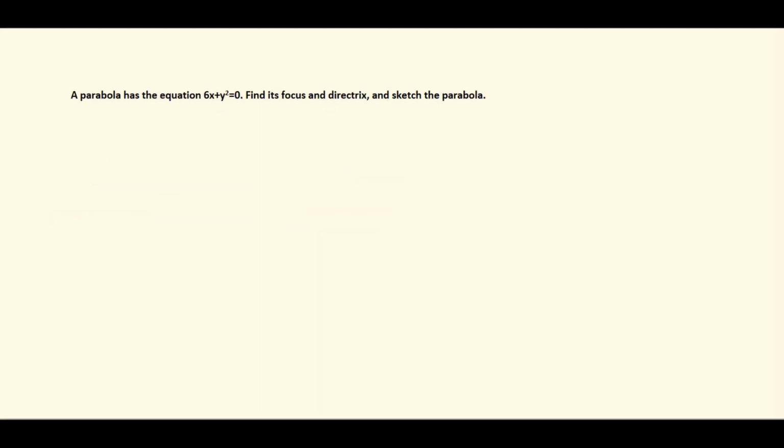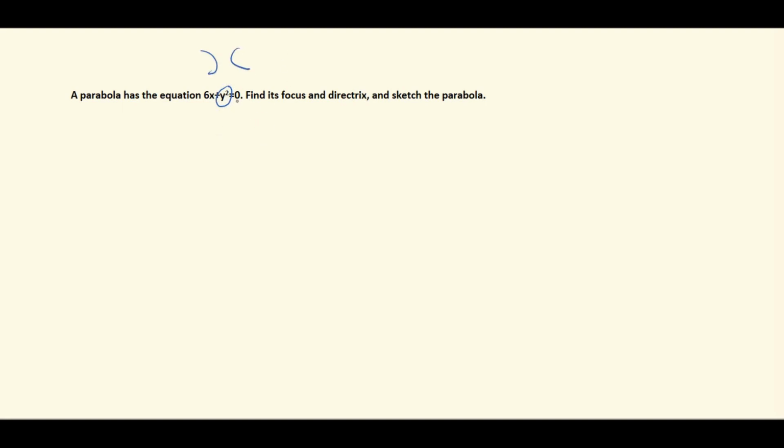A parabola has the equation 6x plus y squared is equal to 0. Find its focus and directrix and sketch the parabola. Okay, this time we see that we have the y being squared, which is kind of weird. It tells us it opens either to the left or to the right.